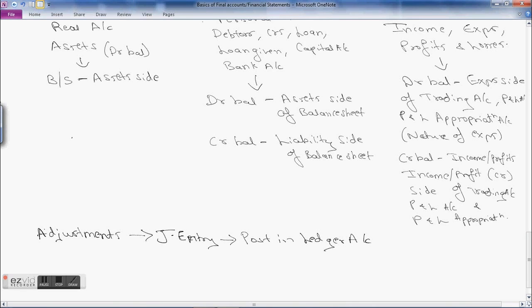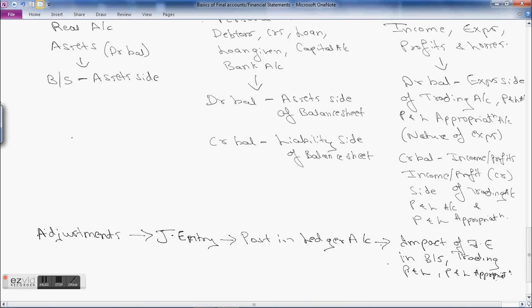If the trial balance was not prepared, how do we post this entry in the journal? You need to analyze that, and then give the impact of the journal entry or the adjustment in your balance sheet or trading or P&L or P&L appropriation account.